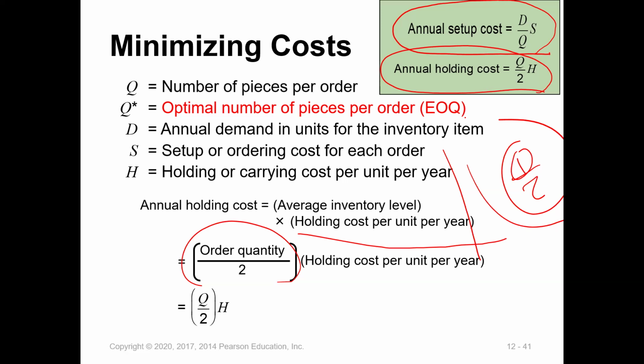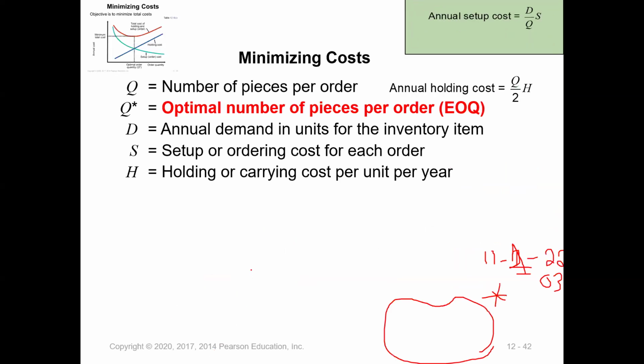So on average, you have 50 phones in your store, for example, times how much it costs you per year. Let's say it costs you per phone to hold a phone, including insurance, rent, utility bills, everything, let's say $50. So if your average is 50, 50 times 50 is $2,500. This is the annual holding cost for a phone or for a car or whatever, which is Q over 2 times H. Okay, this is the holding cost.